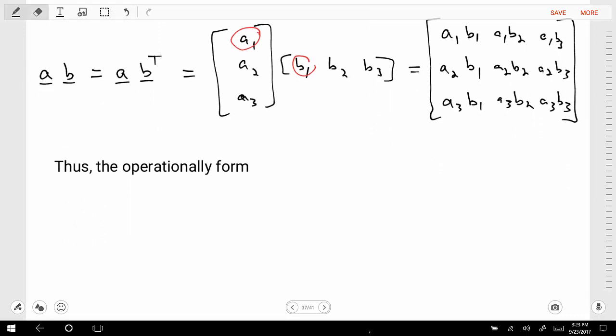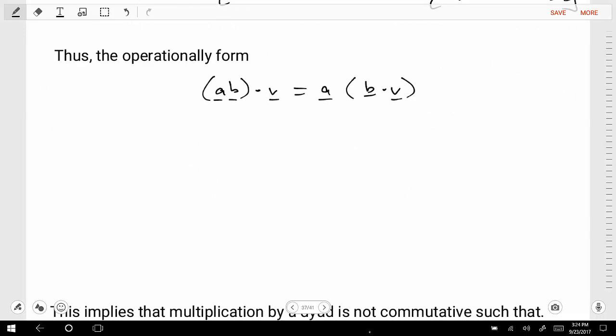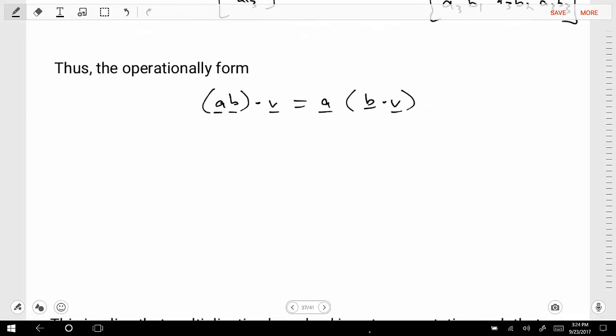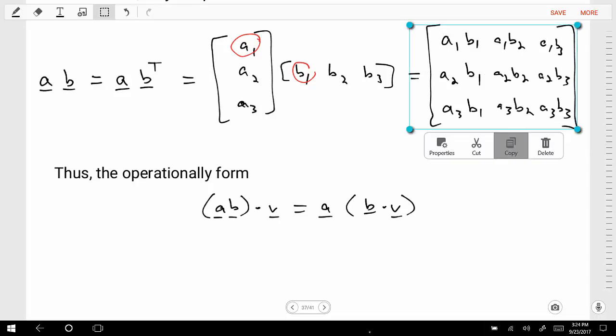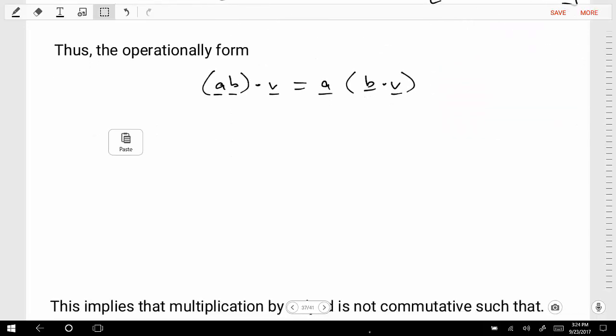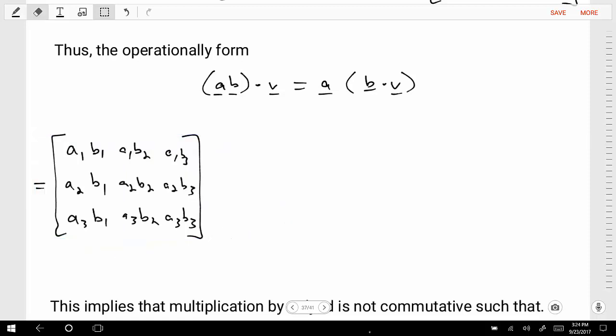So operationally, if we go back to that relationship, AB dot product V is equal to A in brackets B dot V. If we exercise this in matrix form, remembering this AB that we just found, we can put that AB here. Let's copy this, make it a little bit bigger, and paste our AB.